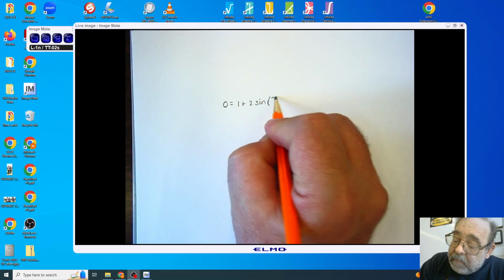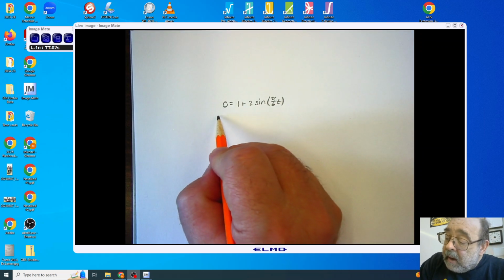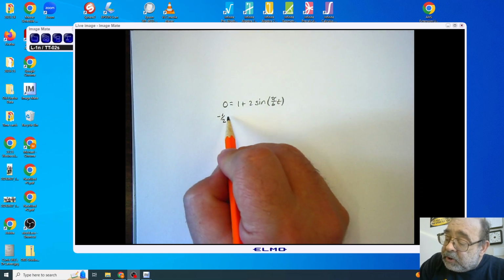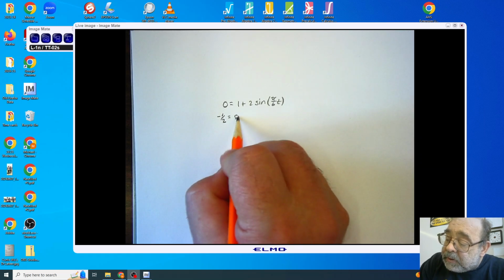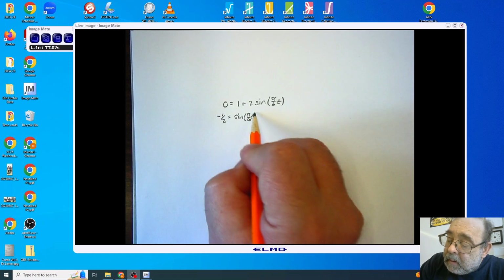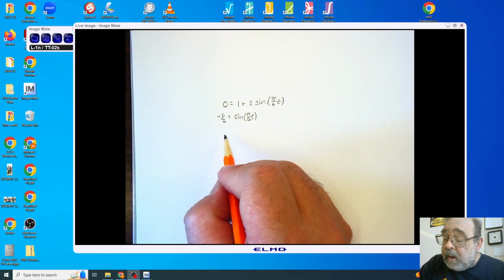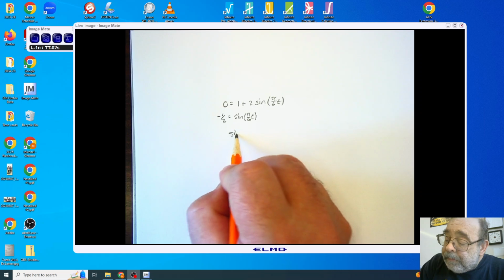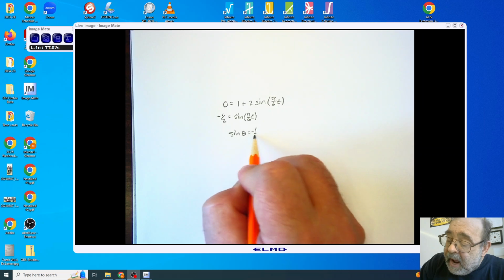So I'm going to take my velocity function, set it equal to 0, and find that the velocity function will be 0 when negative 1/2 is equal to the sine of pi over 6t. I want to think about it from the perspective of when will the sine of theta equal negative 1/2.